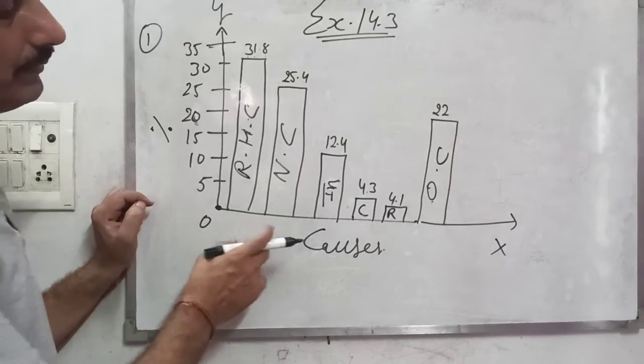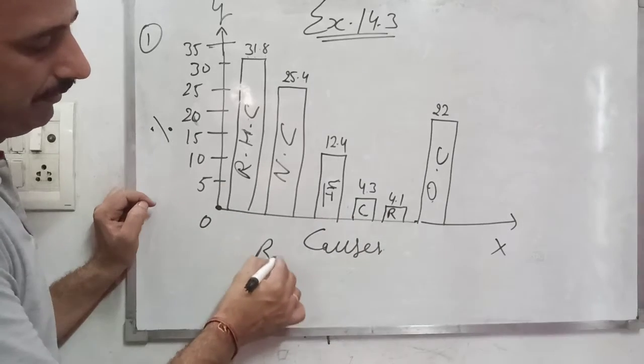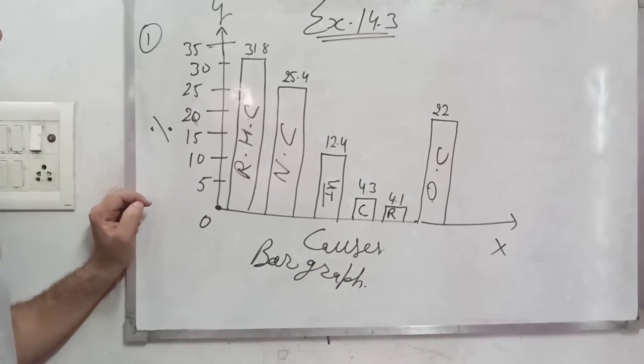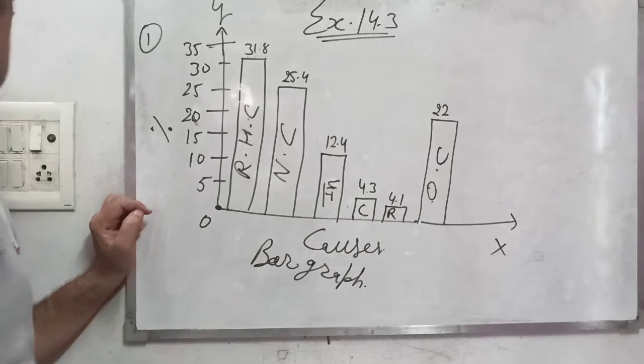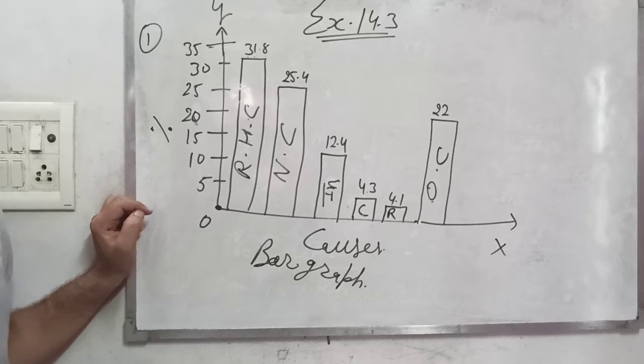So in this way we have represented the data on the bar graph, with the percentage on the y-axis and conditions on the x-axis, right?